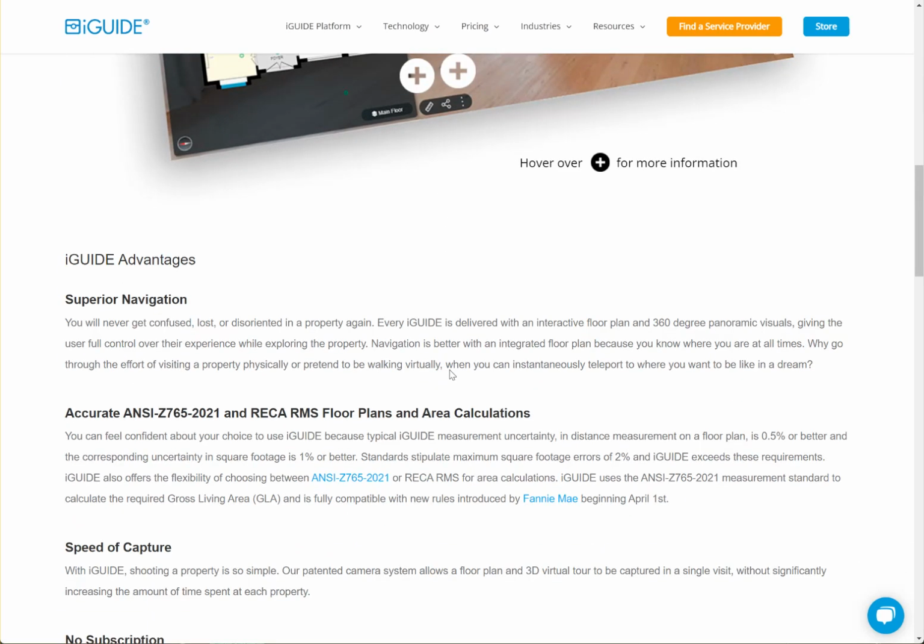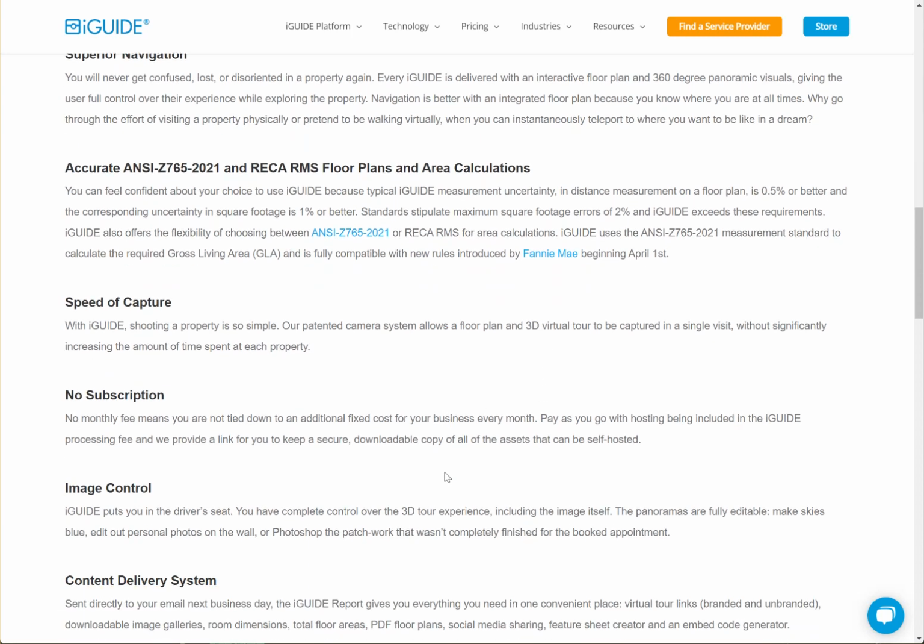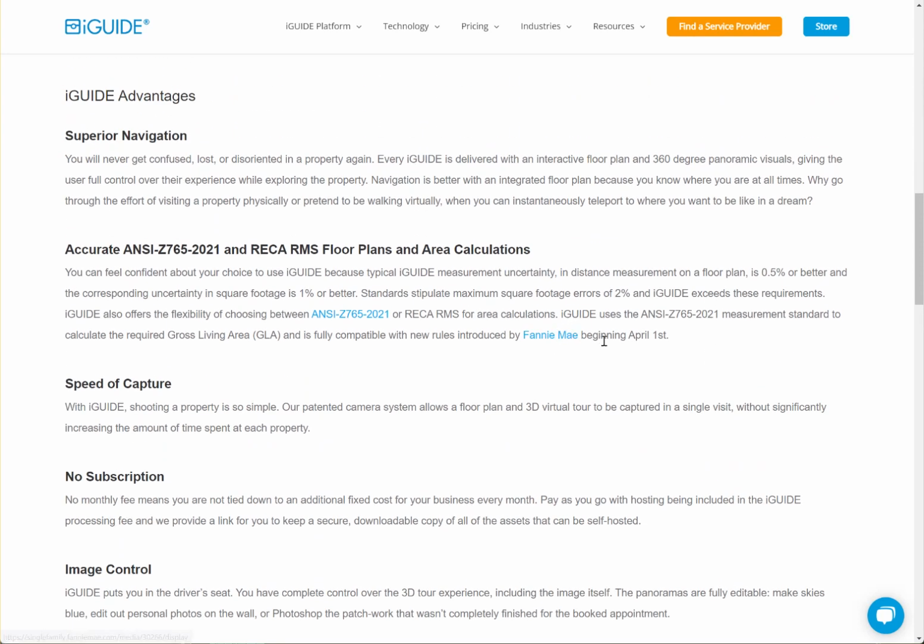We'll scroll down here, and yep, here it is: Accurate ANSI Z765-2021, and RECA RMS floor plans and area calculations. So this is a big thing. Fannie Mae is requiring this starting April 1st.